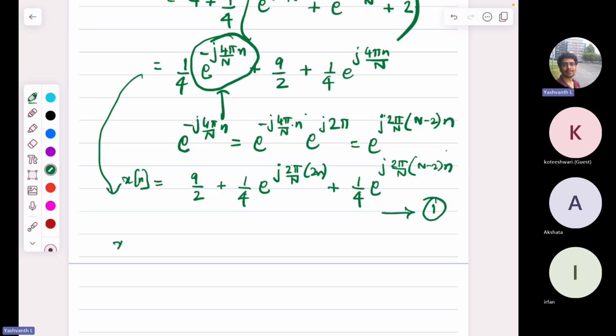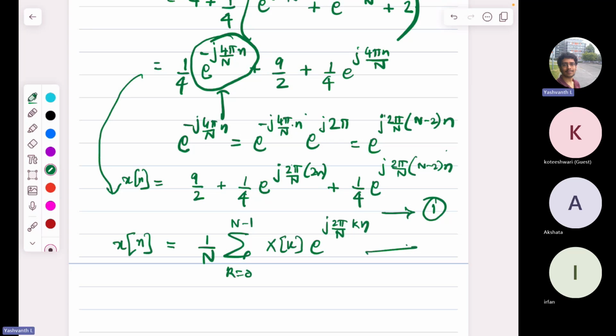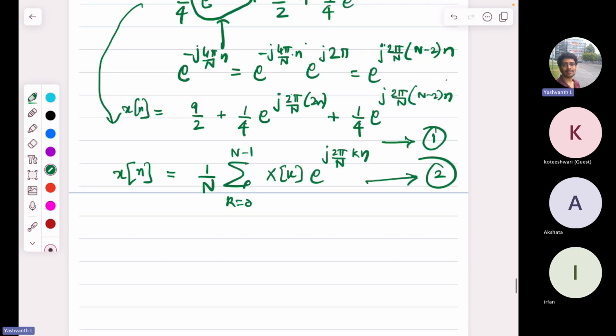But now also recall from your definition of the inverse Fourier transform, 1 by N into summation k equal to 0 to N minus 1 of x of k into e power j 2 pi by N into kn. This is equation 2. Now compare 1 and 2.